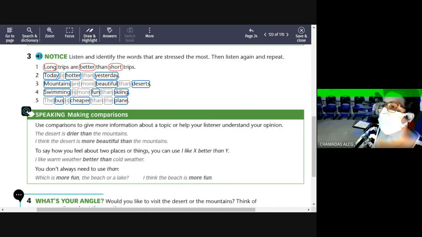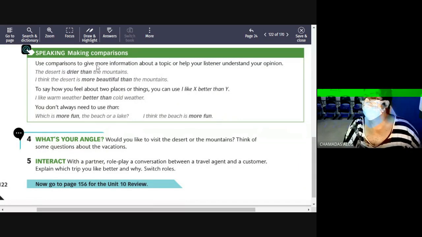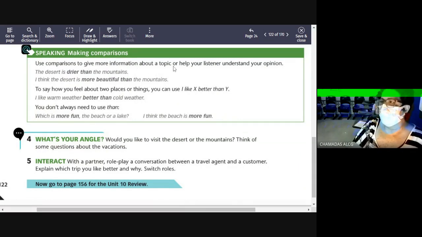Okay. All right. Naturally, we emphasize those words as we speak. So here we use comparisons to give more information about a topic or help your listener understand your opinion. Example, can you read the example, please, Julie? Okay, good. And the next one?